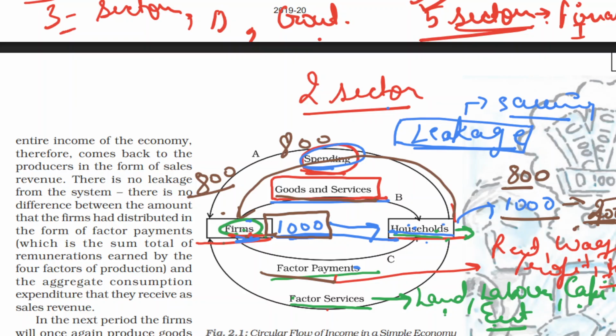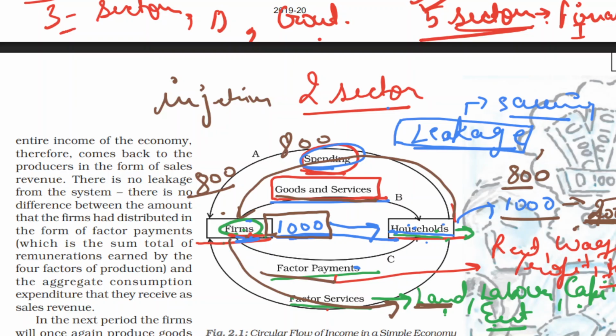And what do you mean by injections, a word which you might have studied in chapter number 1? That word injections basically means investing back into the firm with the same amount which you have saved. Suppose this 200 rupees you invested on a land, and you are now getting rent over it, right?